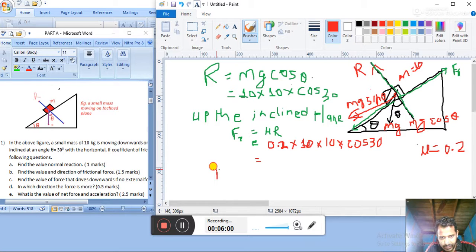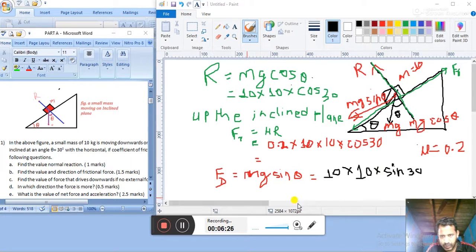I am writing the downward force as D. Downward force equals mg sin theta. Just write 10 into 10 into sin 30. You will get this value as 50 Newton.